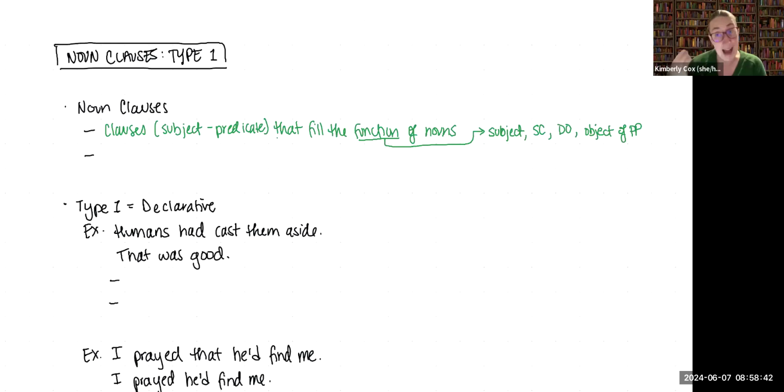The other aspect of noun clauses that's really important, so this is how you know you're dealing with a noun clause and not an adverbial or an adjectival, is they cannot be removed for it to be a grammatically complete sentence, right?